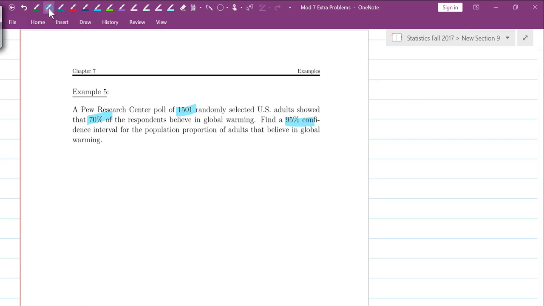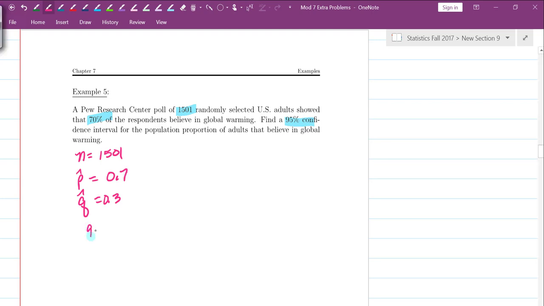So that's going to look like this. N is equal to 1501. P hat is going to equal 0.7. Q hat is going to equal 0.3, because remember Q is 1 minus P. So that's 1 minus 0.7, which is 0.3.